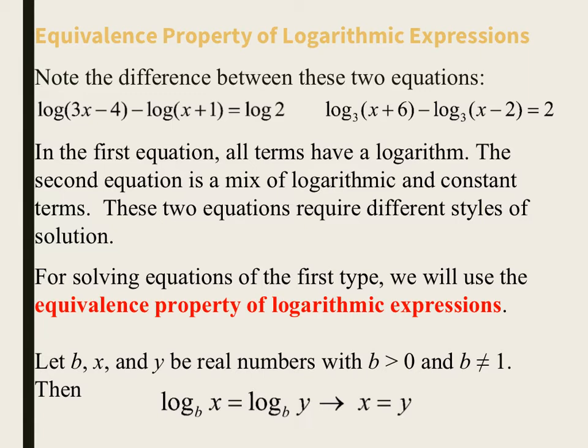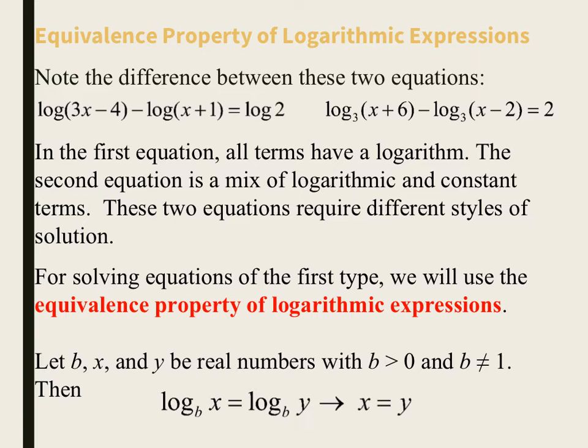And then the following equation, log base 3 of (x plus 6) minus log base 3 of (x minus 2) is just equal to 2. In the first equation, all terms have a logarithm. The second equation is a mix of logarithms and constant terms. These two equations require different styles of solutions, in fact, different methods as well.